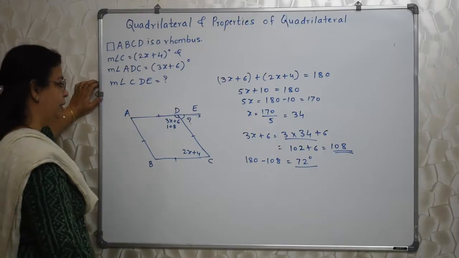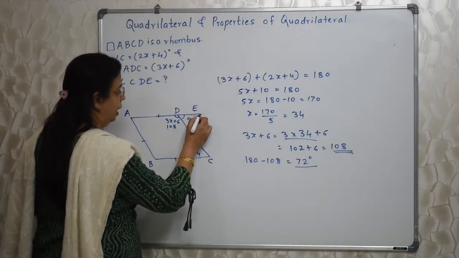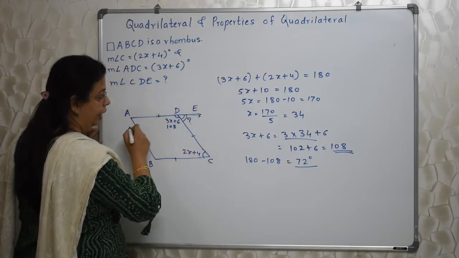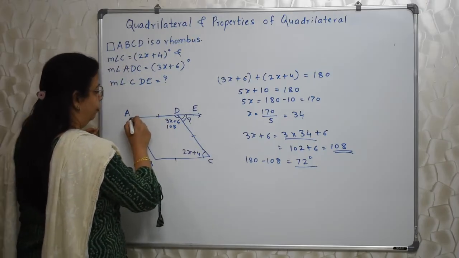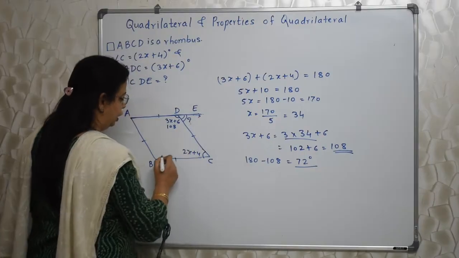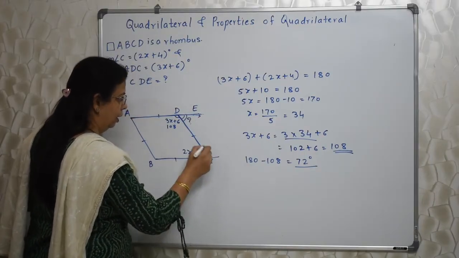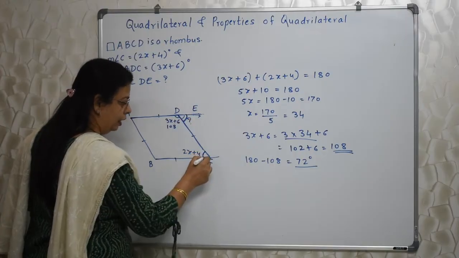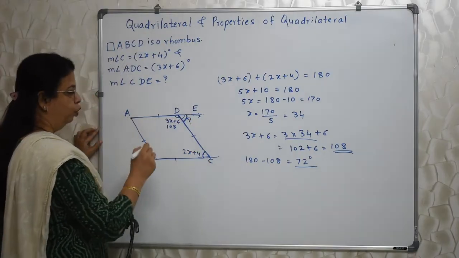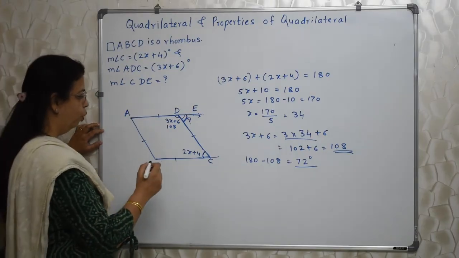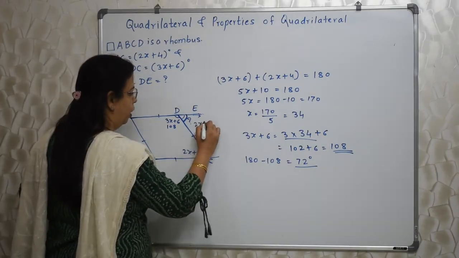Some students may say, see, this angle and this angle are alternate angles if we take this line which is parallel to this line and DC as a transversal. These two angles are going to be alternate angles and alternate angles are always congruent. So this also will be 2x plus 4.